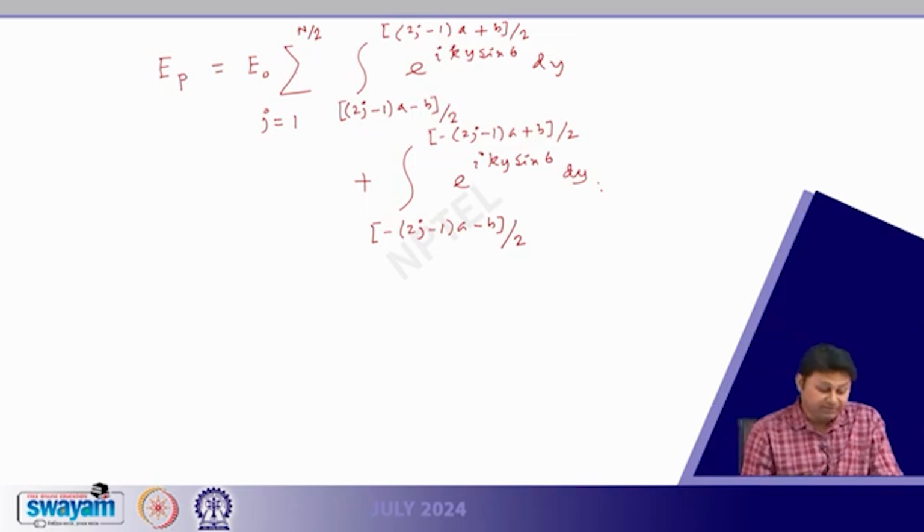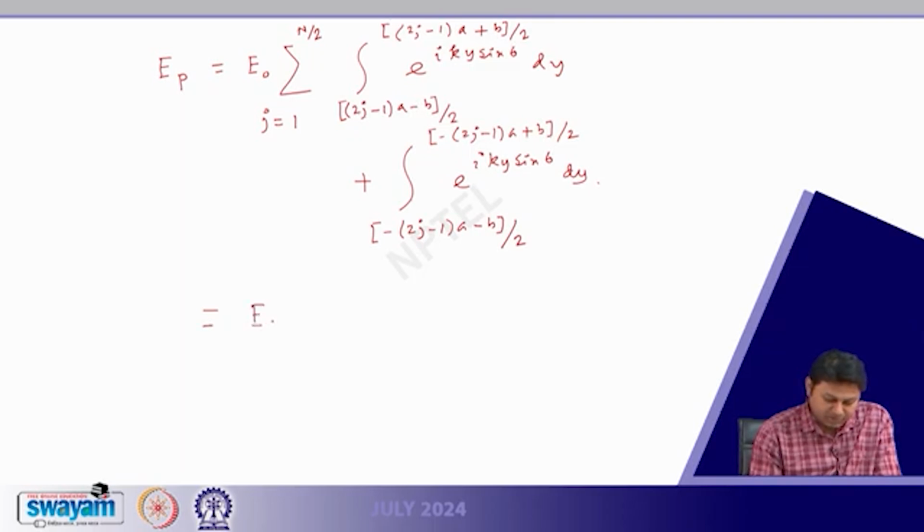We need to solve this, and essentially I can write this as the summation of two contributions. One is E naught and then j equal to 1 to n by 2, positive side and negative side, and then two sums.